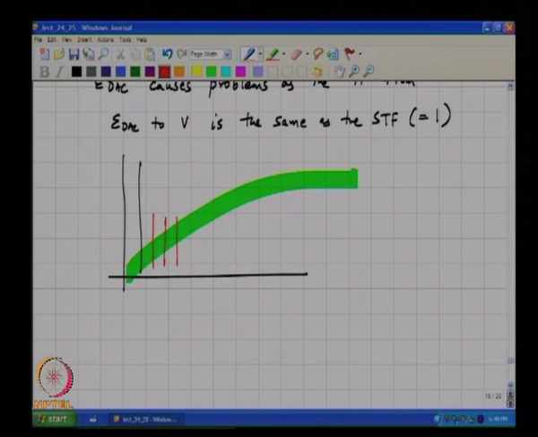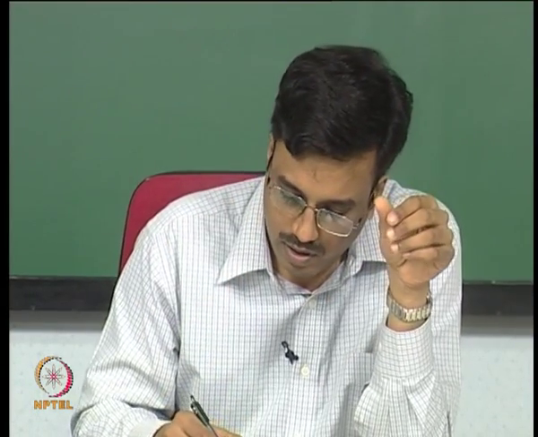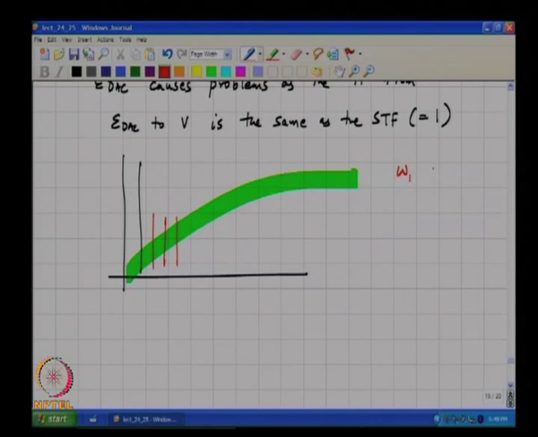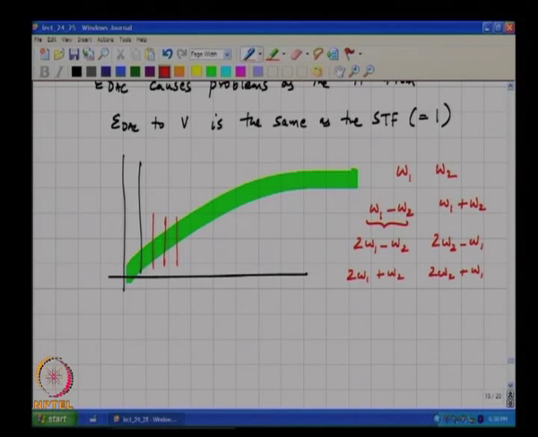So, you pass it through a nonlinear transfer curve, and please recall that if you have two sinusoids at omega 1 and omega 2 and pass them through a second order nonlinearity, you will get components at omega 1 minus omega 2 and omega 1 plus omega 2; for third order nonlinearity, you will get 2 omega 1 minus omega 2, 2 omega 2 minus omega 1, 2 omega 1 plus omega 2, 2 omega 2 plus omega 1, and therefore, it means that noise from, for example, omega 1 minus omega 2.